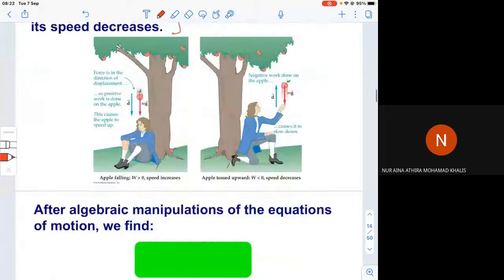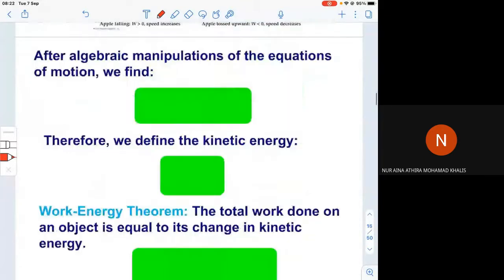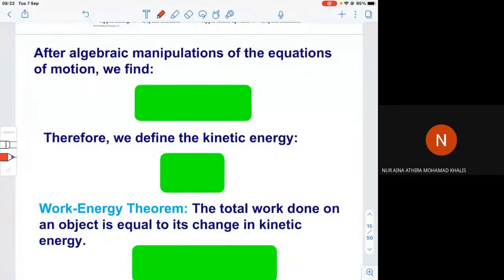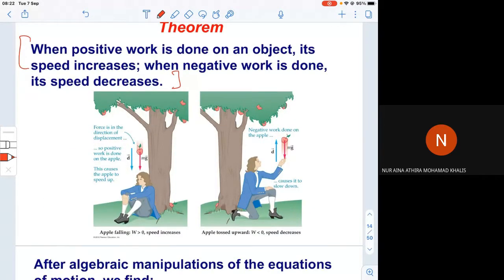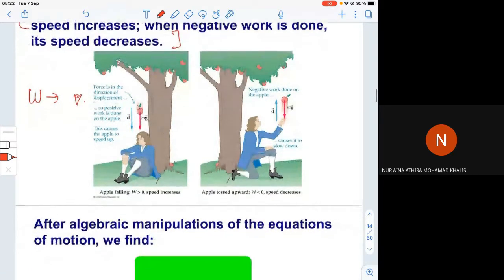And of course, this happens when we have some algebra to manipulate the equations of motion. For example, what happens when you deal with the total work? The theorem is right now involving W, work, and also speed. So how can we relate W and speed?